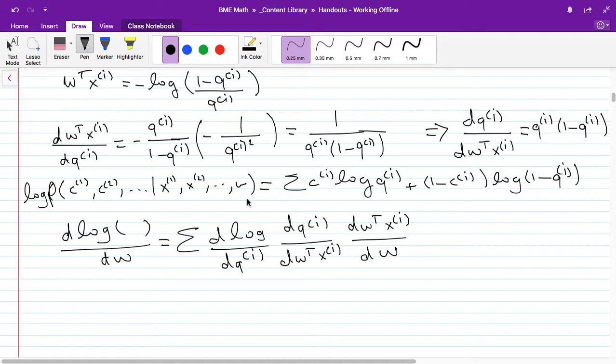I can find the derivative of my log likelihood with respect to q, and I can certainly find the derivative of w transpose xi with respect to w. So let's see. This is the sum for i equal to 1 to the number of data points n.